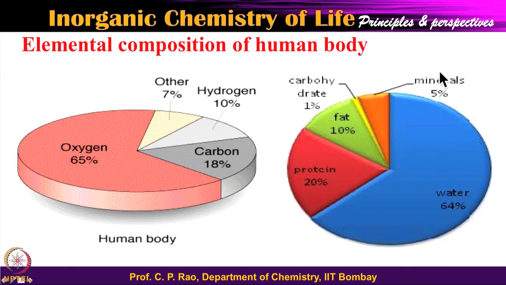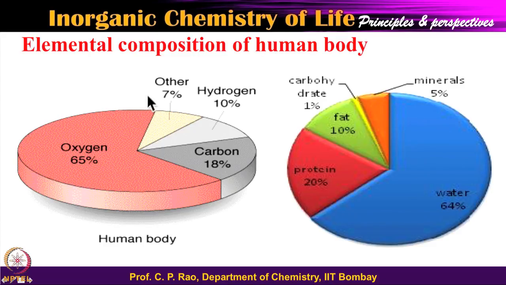But it is very essential to understand what the elements present in the mineral category are, which we will come to know in a while. Instead of looking at this compositional way, let us look at the elemental way. The maximum element in all this is oxygen, 2/3, going with the water.